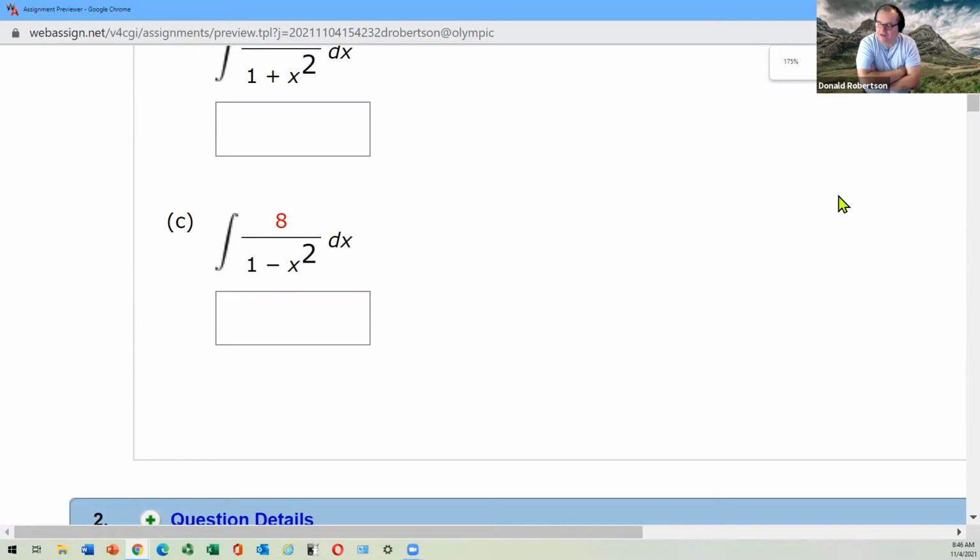But you're on the right track if there'd been a square root round the bottom. I'm going to put a time limit on these. Come on. That'd be 8 ln of 1 minus x squared. Nope, but I know where you're going. If you factor it as 1 minus x, 1 plus x, isn't it a rational function and you'll use the cover-up method?